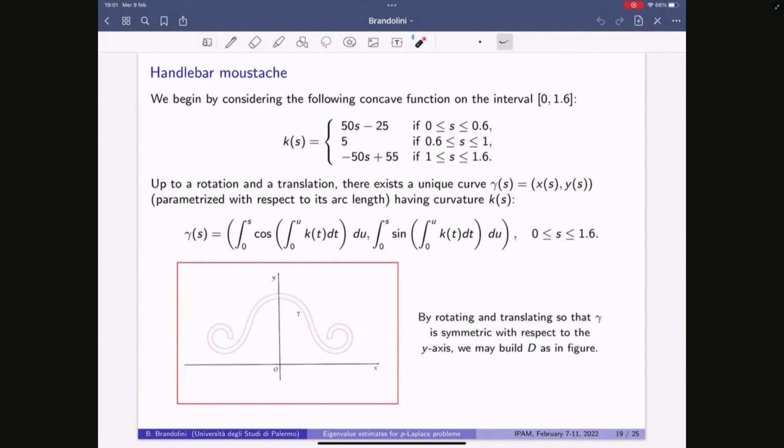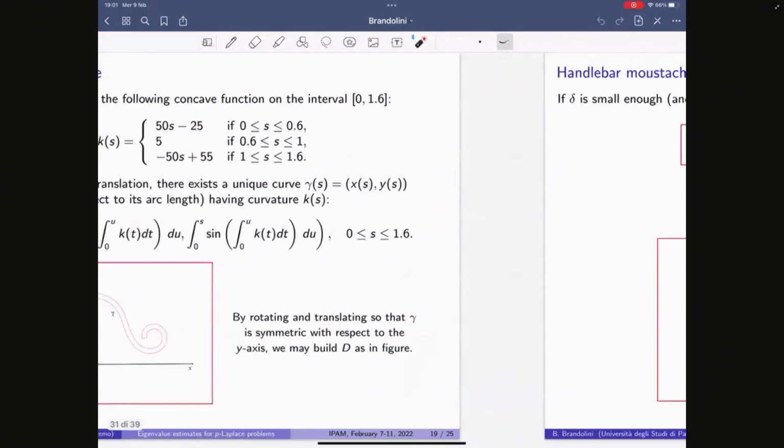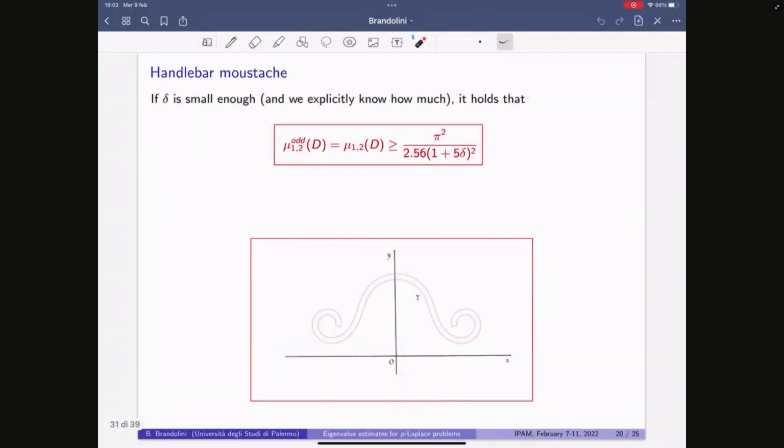We can suppose by rotating and translating that the image of gamma is symmetric with respect to the vertical axis. And so we can enlarge the curve, building this Handlebar Mustache domain. And if delta is small enough, again, we know that μ1 has a corresponding eigenfunction which is symmetric with respect to the vertical axis, and we have these explicit lower bounds.